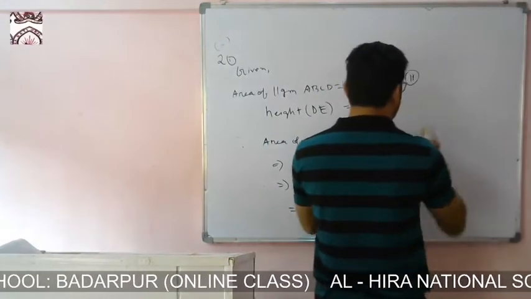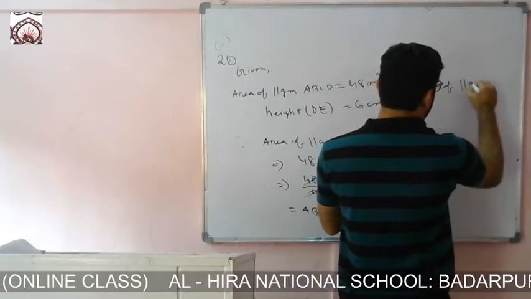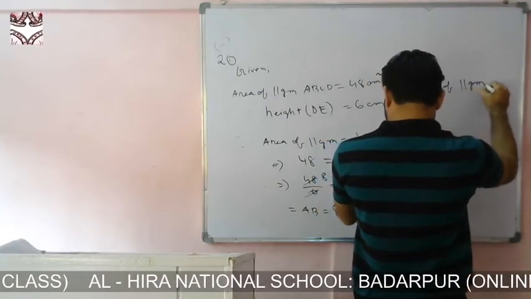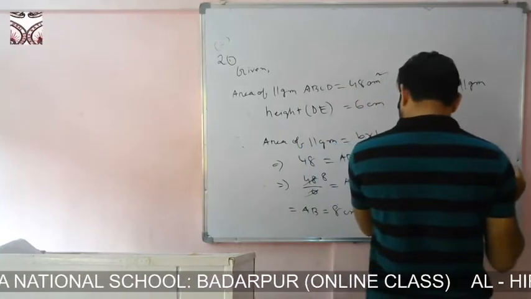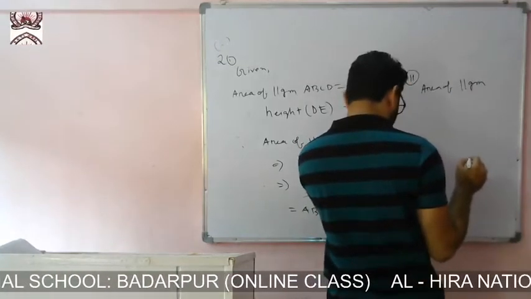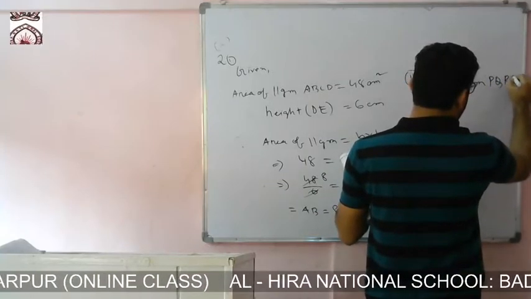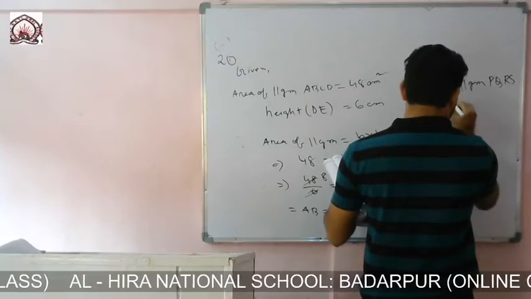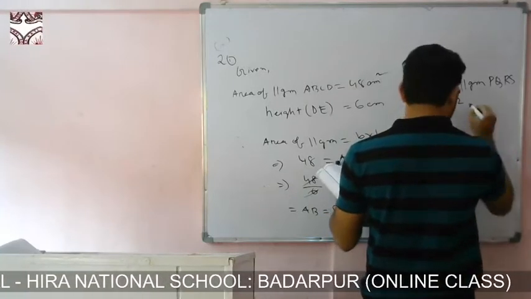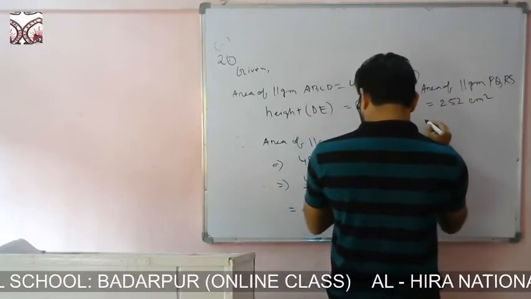Here also you write area of parallelogram PQRS equals to what? 252 centimeter square.